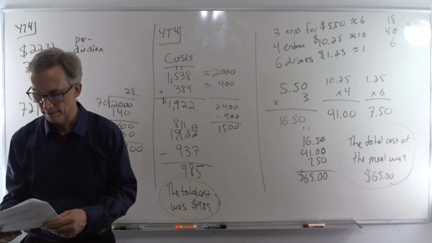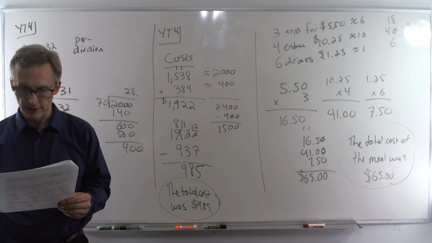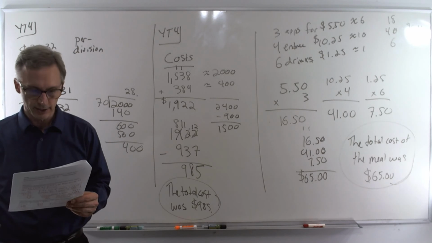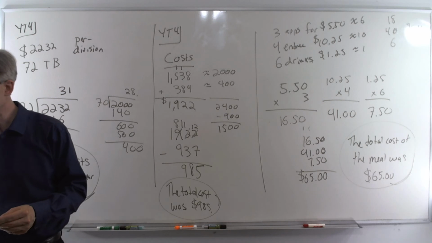Your turn, number 6. The organizers of a cross-country meet bring water to the race. There are 4 cases of 24 bottles, 6 cases of 12 bottles, and 8 cases of 6 bottles. How many bottles of water do they have for the runners?